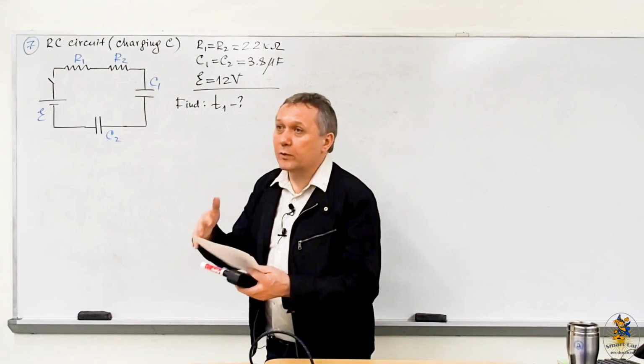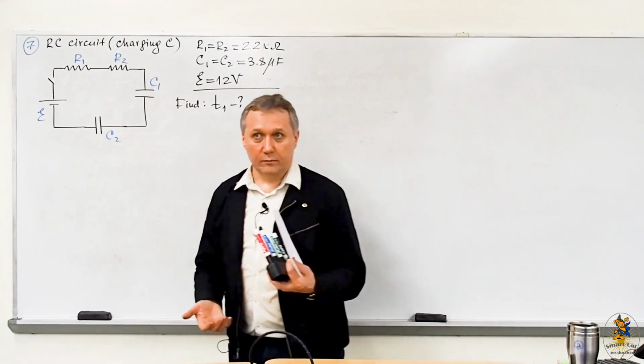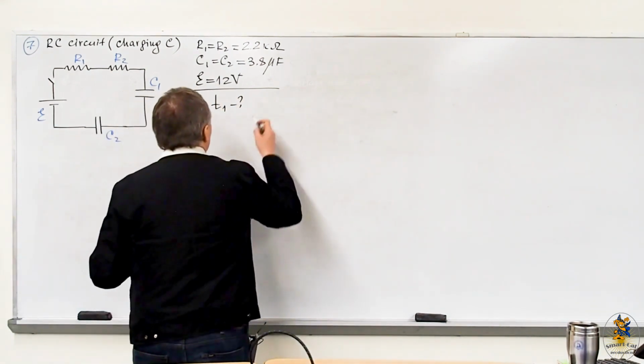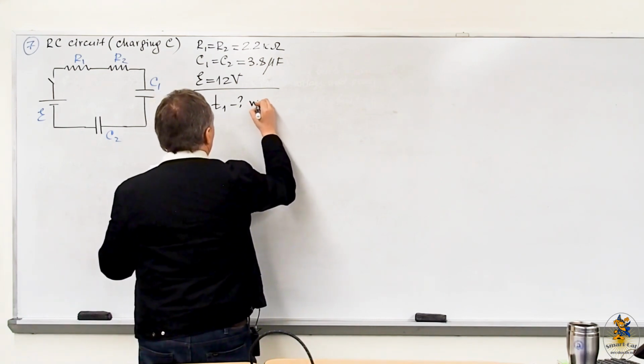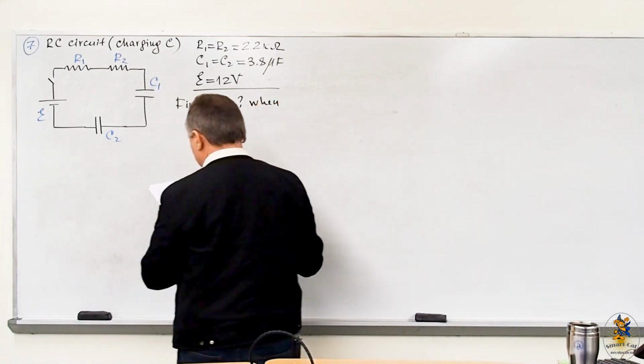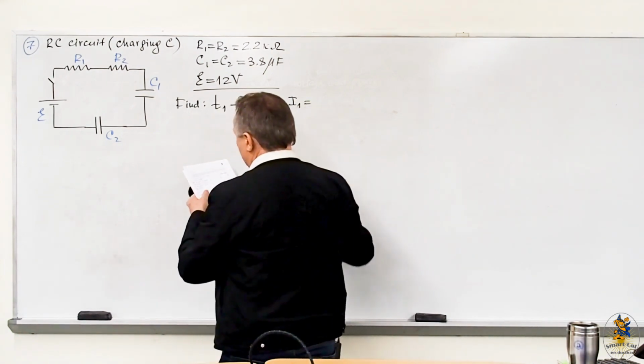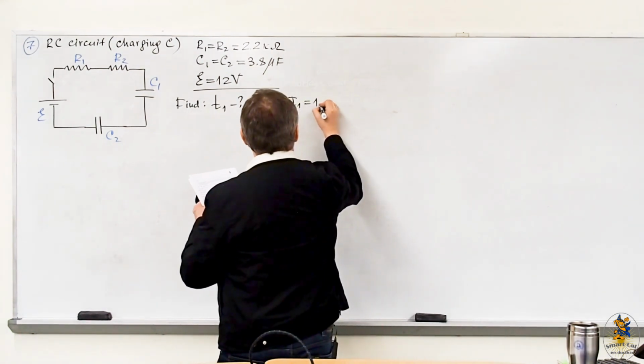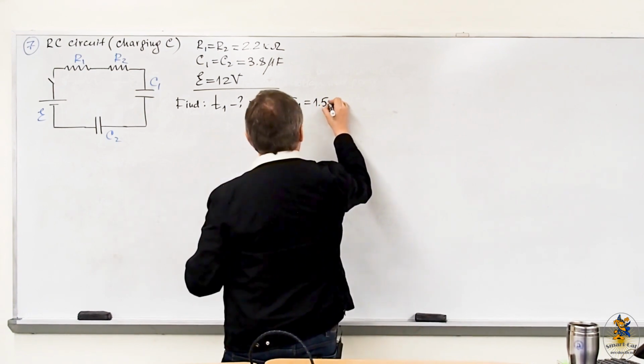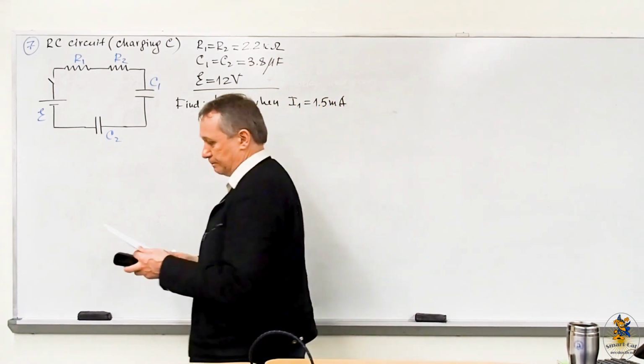We don't know the maximum amount of current; we will have to find it. So we need to find T1 when I1, the current at that moment, equals 1.5 milliamps.